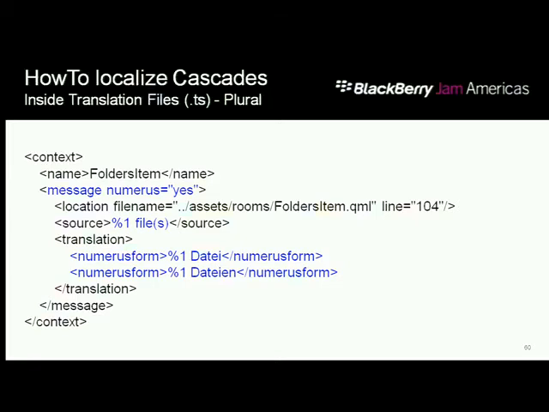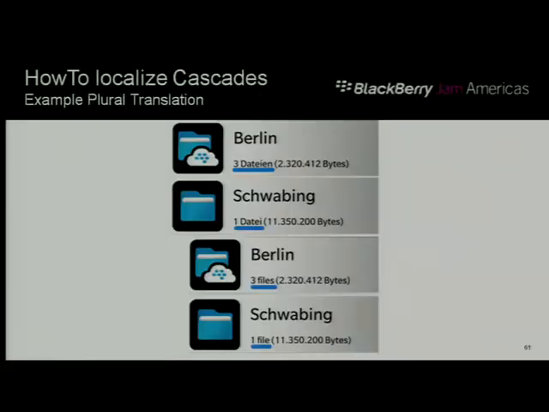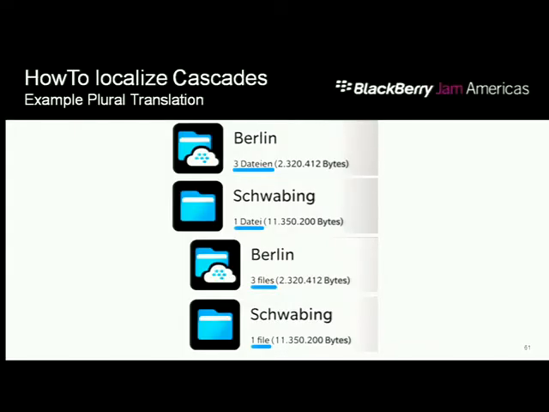Maybe it is different in different languages. And here's the example. Here's a list view where a folder is, and here's 3 Dateien, the plural, eine Datei, or 3 files and 1 file in English. Automatically done by this system, really easy.